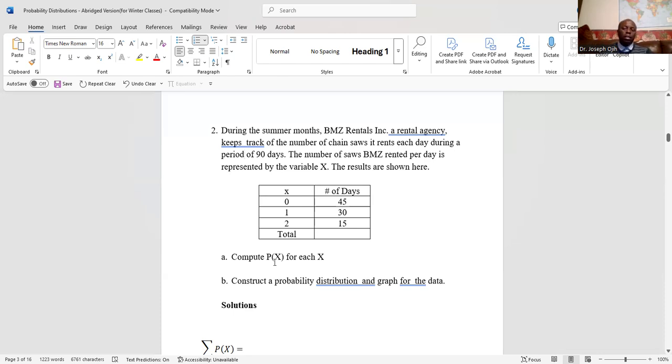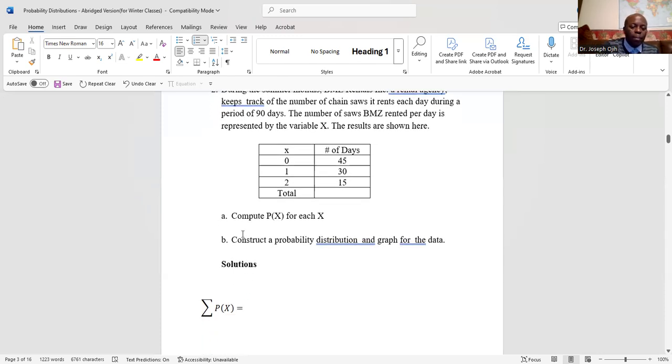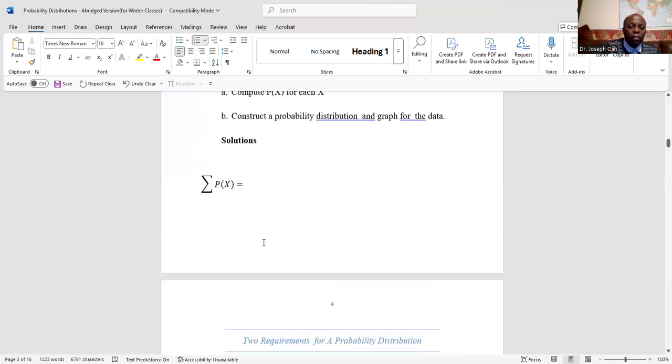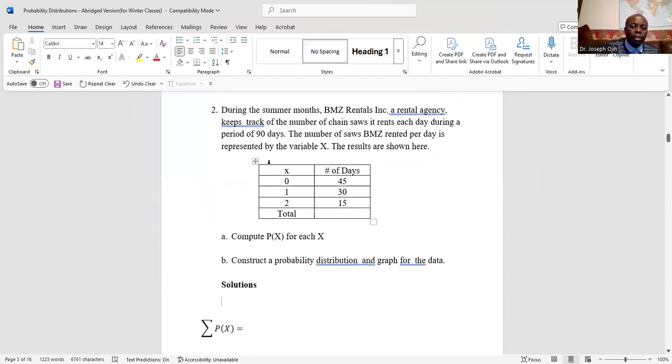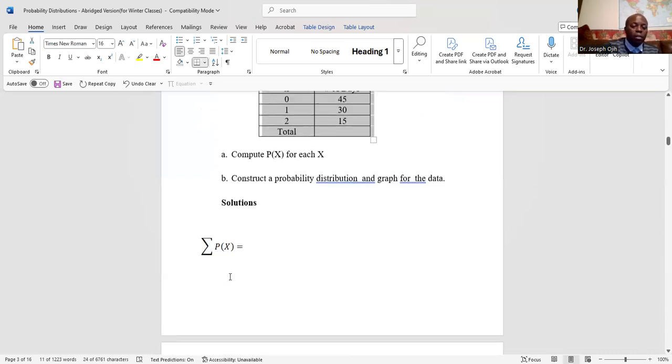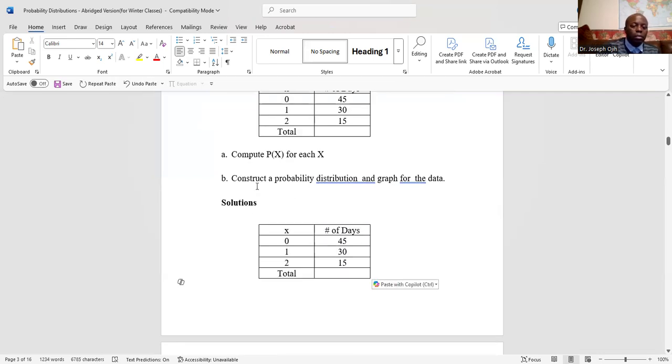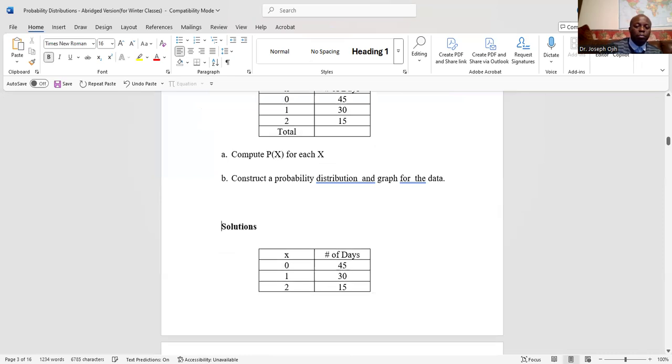Okay. Now, in this case, part A says compute P(X) for each X. So let us do A first. I'm going to copy this and paste it here. I'm going to move this down so we can have enough room.